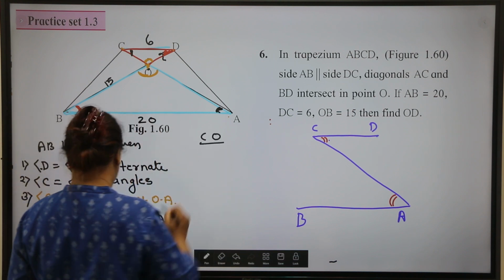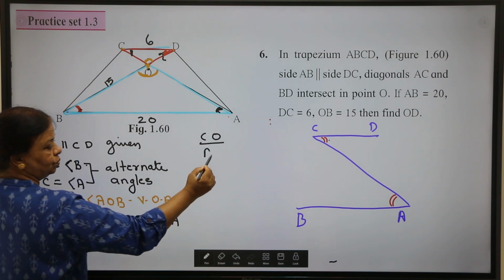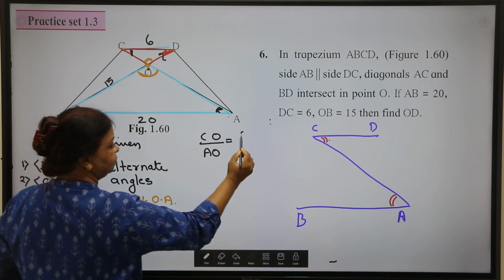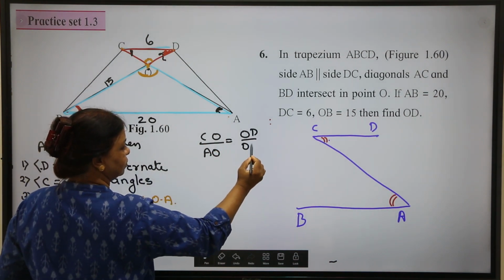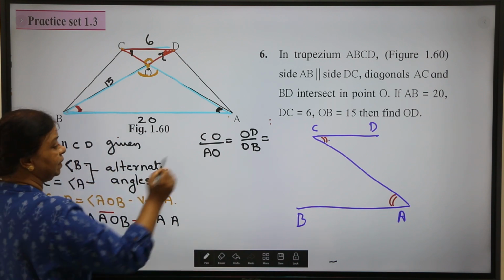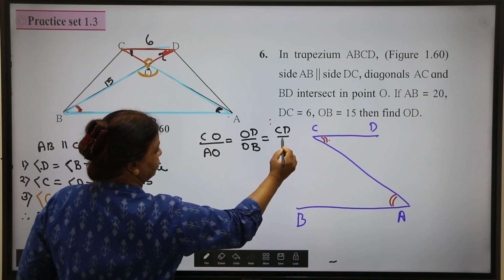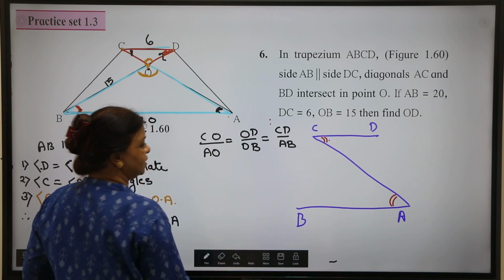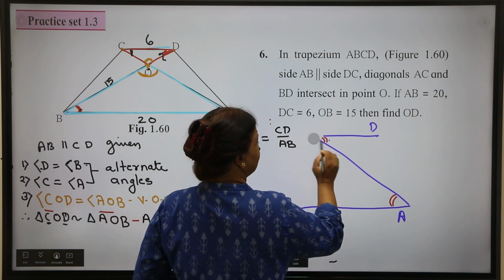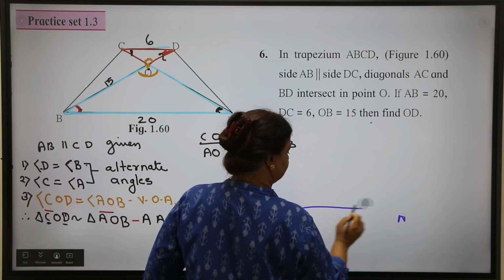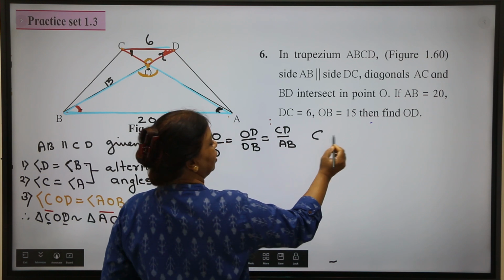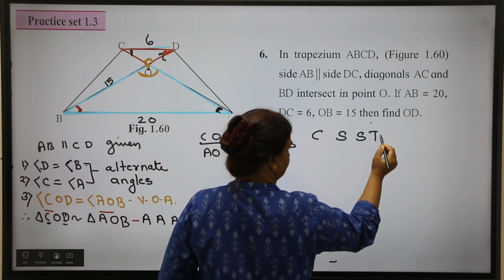CO upon AO is equal to OD upon OB, which is equal to CD upon AB, and the reason for this is corresponding sides of similar triangles.